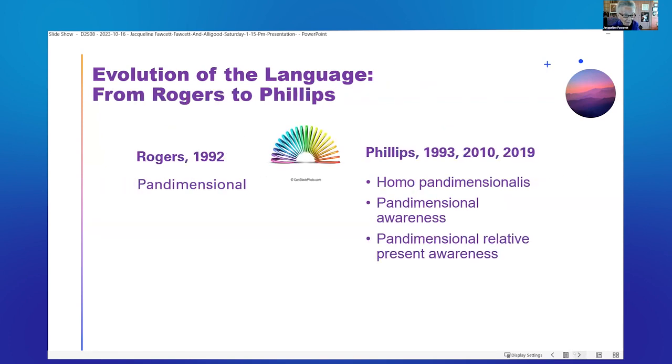And Roger's idea of pan-dimensional, John Phillips then evolved into Homo pandimensionalis as the way to identify human beings. And he also identified, as has been mentioned earlier today and yesterday, pan-dimensional awareness and pan-dimensional relative present awareness.